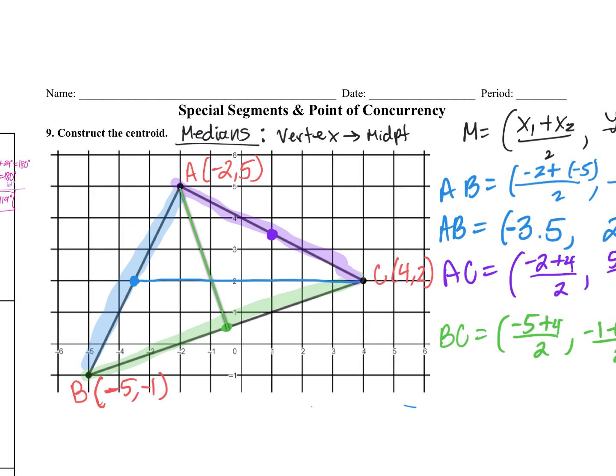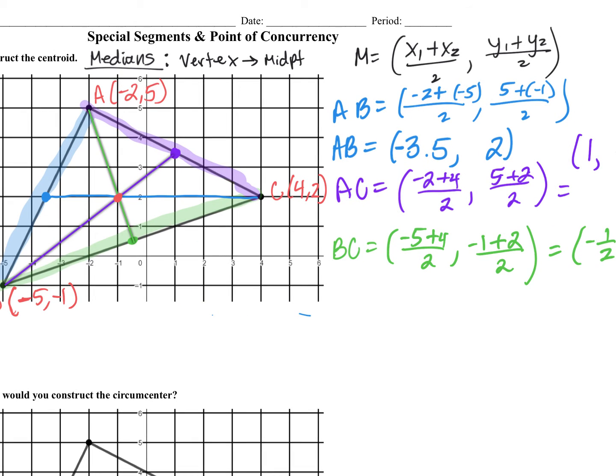And then lastly, we have vertex to midpoint. And they all come together and intersect at this point. So the centroid has a coordinate point of -1, 2.